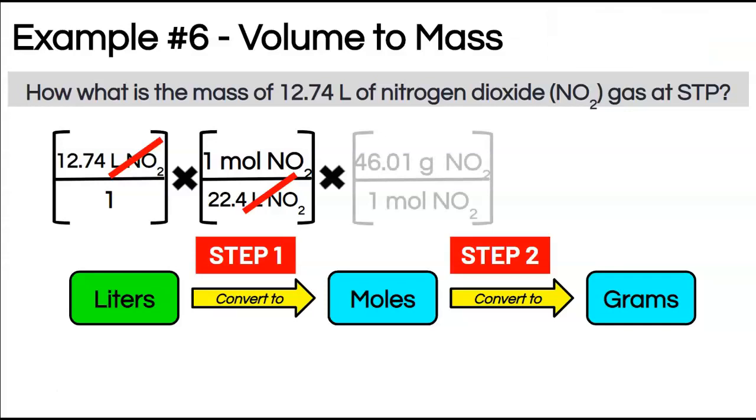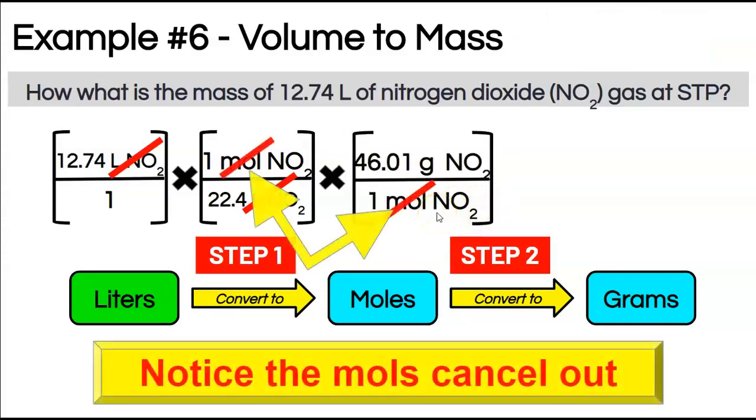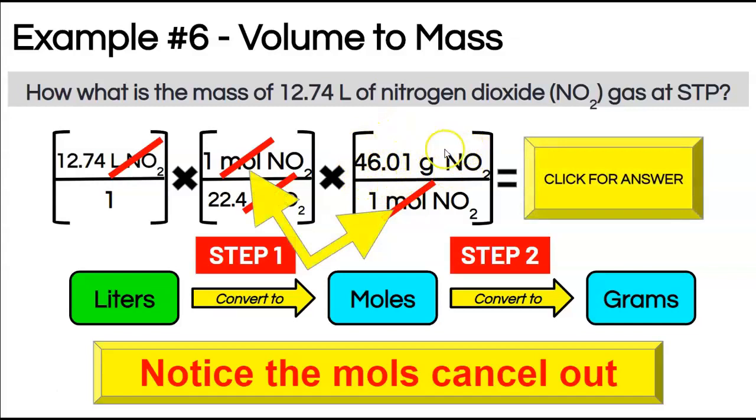So I have to put the moles in the denominator to cancel the moles on top. The 46.01 grams that you see here is the molar mass that you would get if you added up the mass of nitrogen plus the 2 oxygens. Remember, we've learned how to do that in a previous lesson. You can go back in this slideshow. There is a video link that will remind you how to do that if you have forgotten.